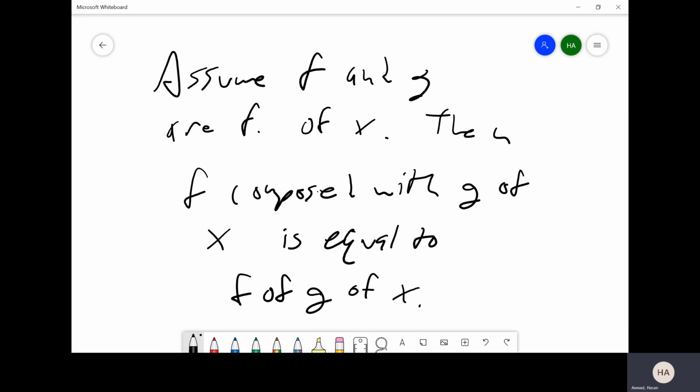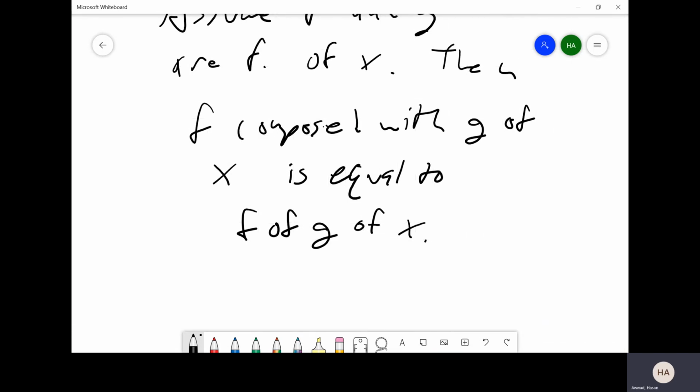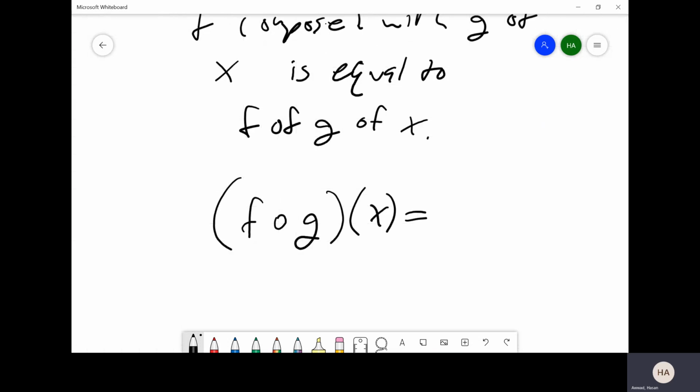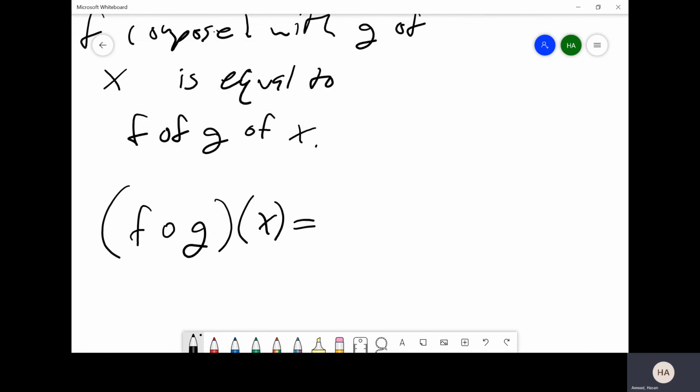And the way that we write this as a composition is you would write f, and then you write this open circle, which kind of looks like an O, but it's not an O, it's just an open circle. And you write f, open circle, g of x. So this is a composition of functions f and g. So if f is composed with g of x, you're going to have f of g of x.